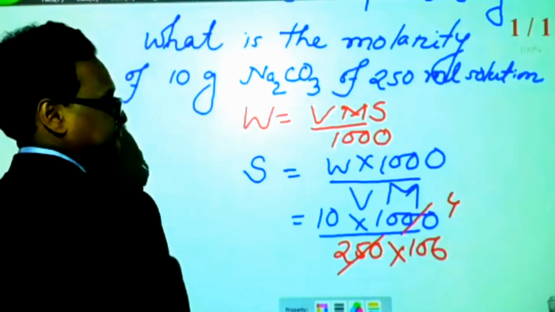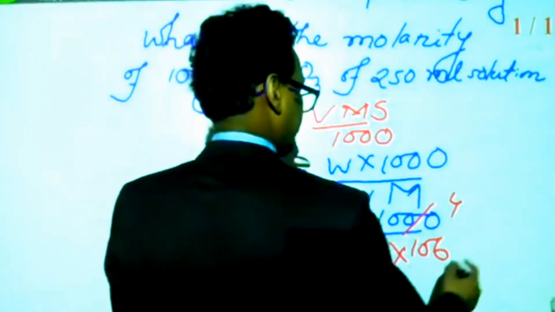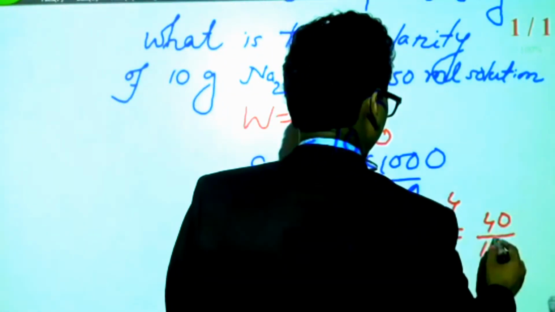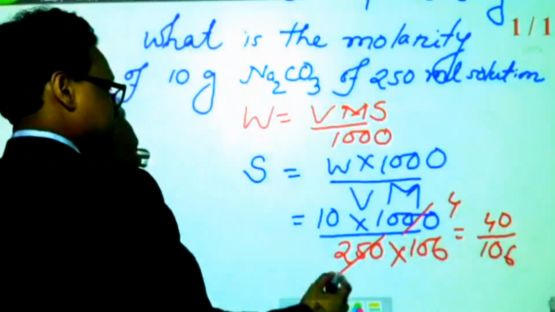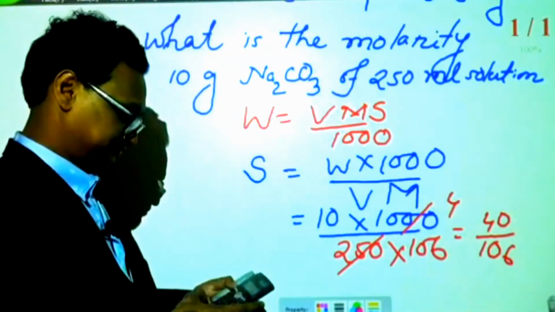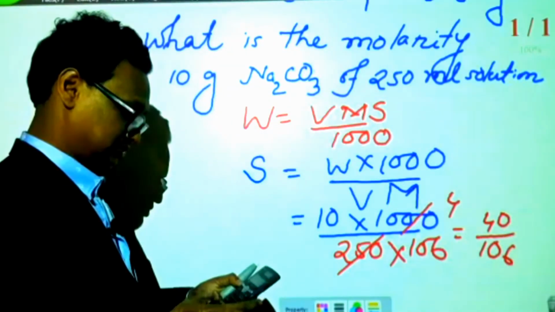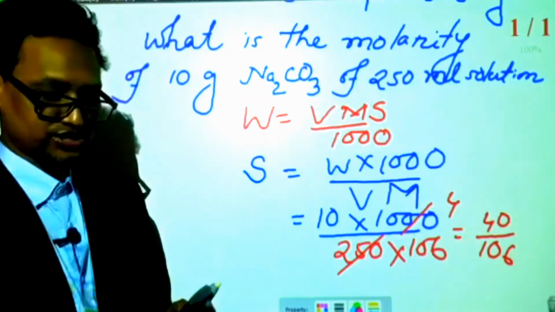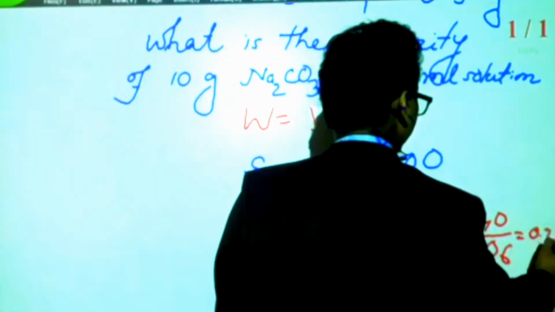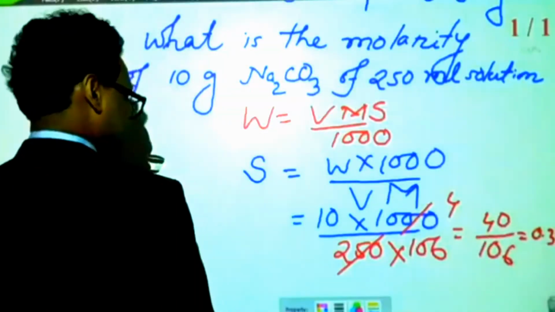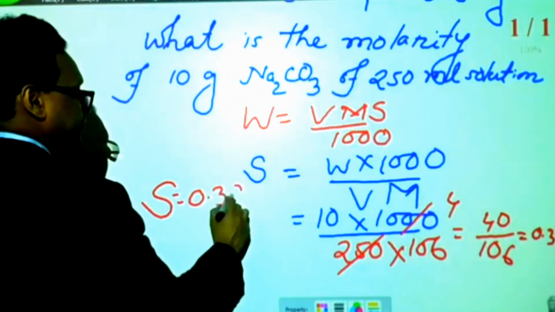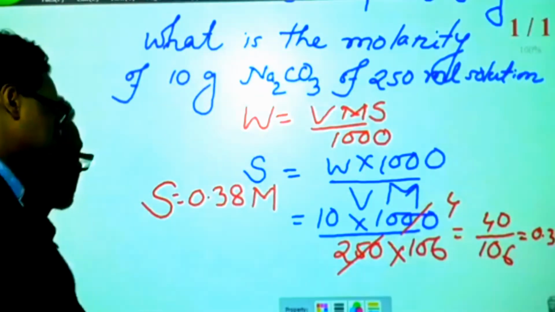Okay, so my dear, 40 divided by 106. You should use the calculator, just 40 divided by 106, it will be 0.377, 0.38 molar. So S will be 0.38 molar. This is the result.